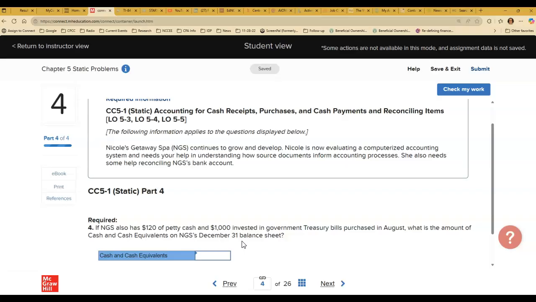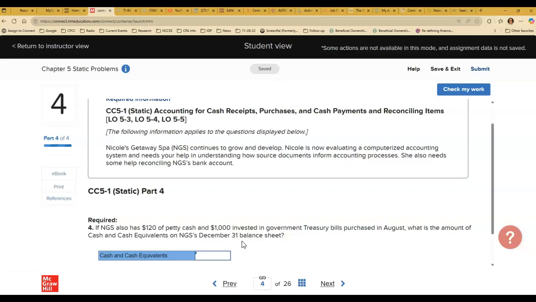Good. A cash equivalent has to be 90 days or less. You with me? And it's 8 months. So it is a current asset, but it is not a cash equivalent. If it was 2 months from maturing, then it would be a cash equivalent.